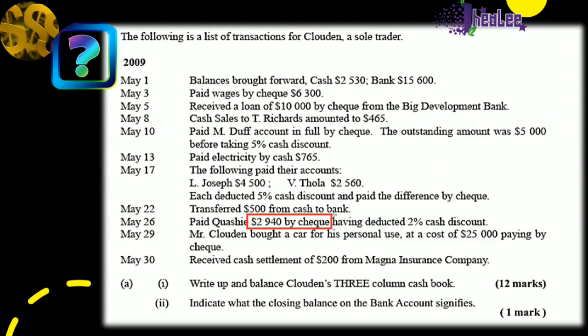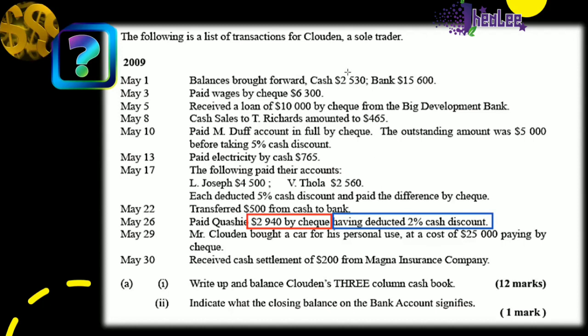Having deducted 2% cash discount. What this is saying is that the $2,940 is what we had paid. We have taken out the discount that we are entitled to.